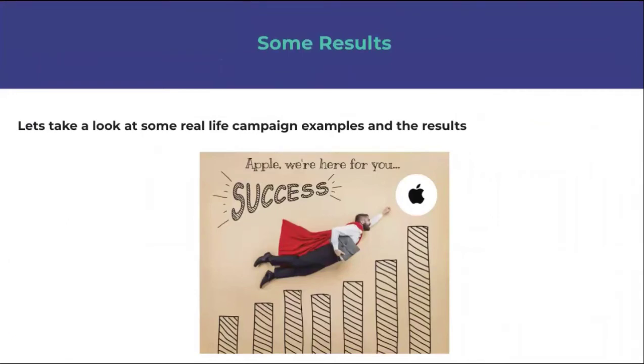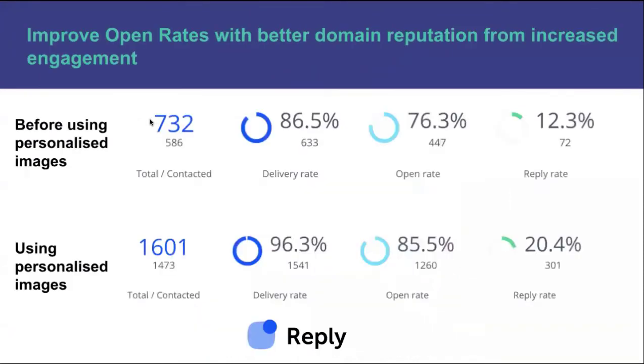So if we remember at the start, we were talking a 2.62% average click-through rate on MailChimp users and a 22.3% average open rate. So let's have a look at some examples of real life campaigns that have used Hyperise and what the results are. So when we're looking at open rates and reply rates, this campaign here with reply, we've got before using personalized images, the average reply rate of 12.3%.